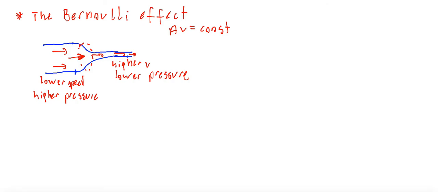If the speed increases, then there must be a decrease in the fluid pressure. And this statement is known as the Bernoulli effect. The greater the speed, the lower the pressure, and vice versa. So write this in words: the Bernoulli effect is, the greater the speed, the lower the pressure.